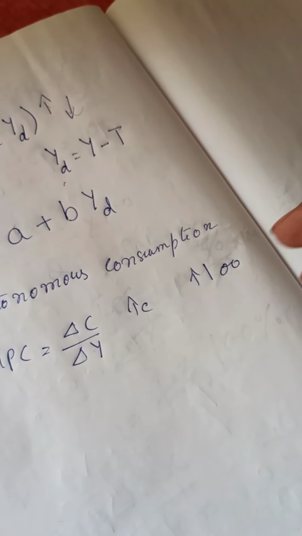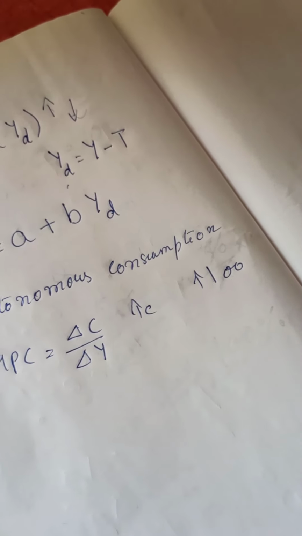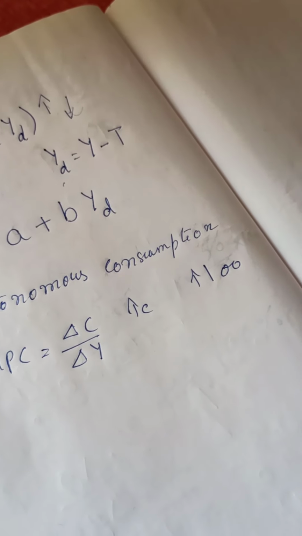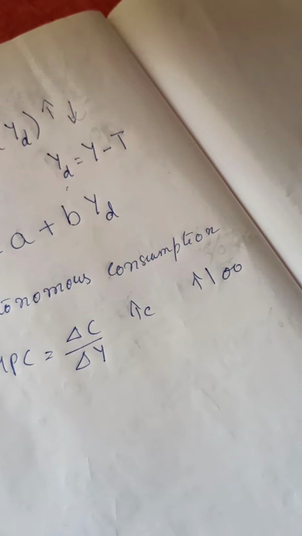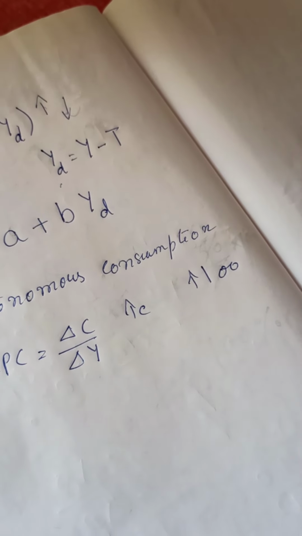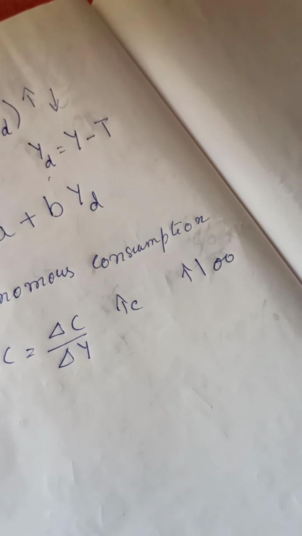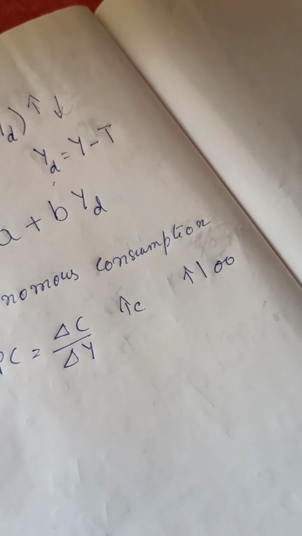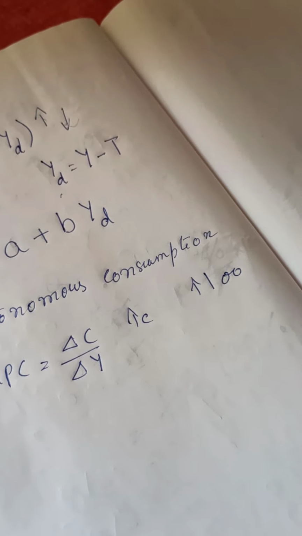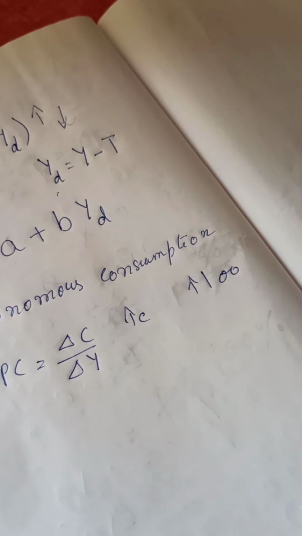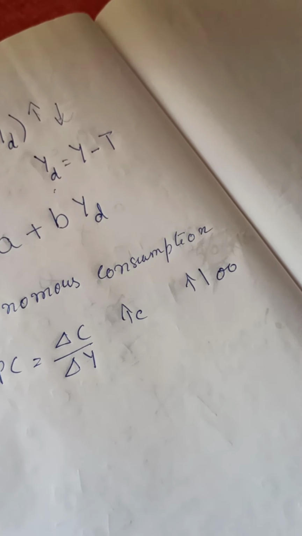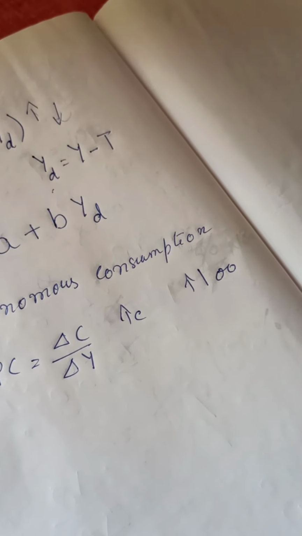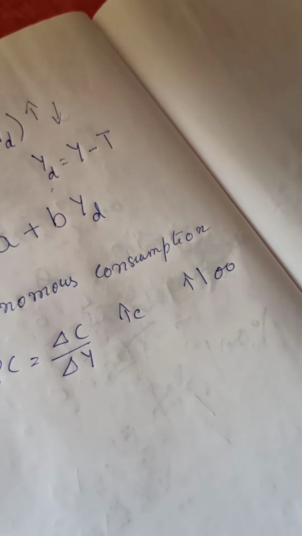So del Y will always be greater than del C, and we know that if our income increases, our consumption will also increase. This is the psychological law of consumption. It says that if disposable income increases, the level of consumption also increases, and vice versa. However, the increase in consumption shall be less than the increase in income, because the additional income is not only consumed, but it is also saved.